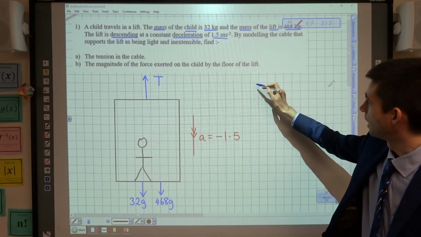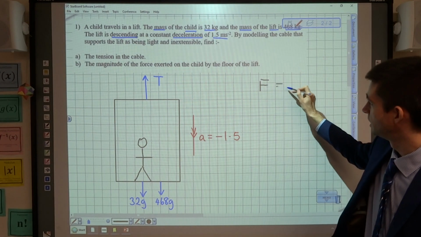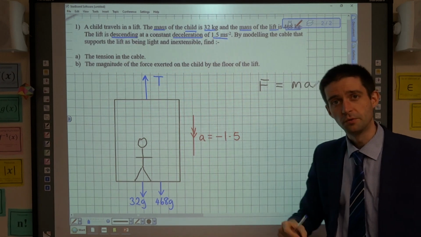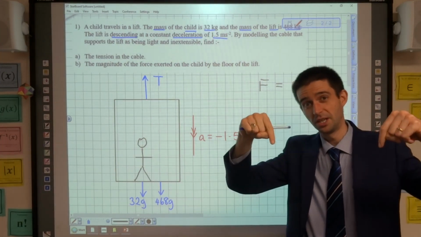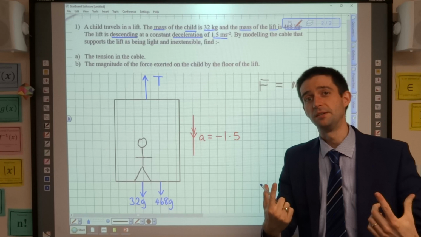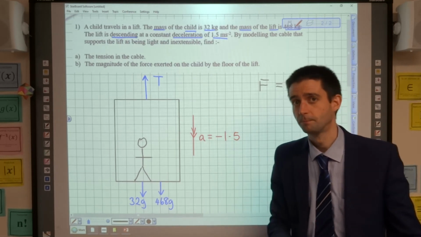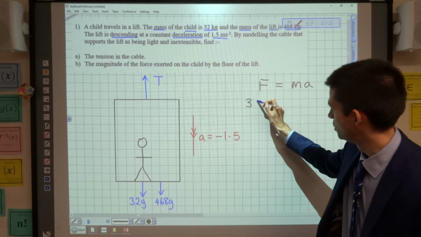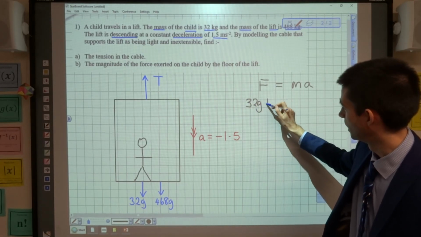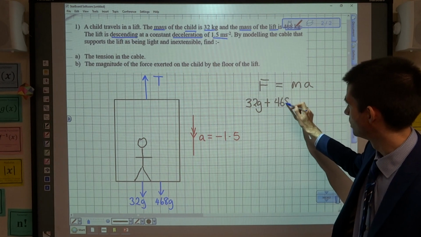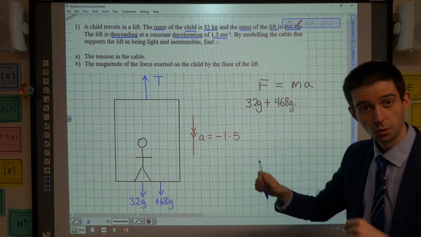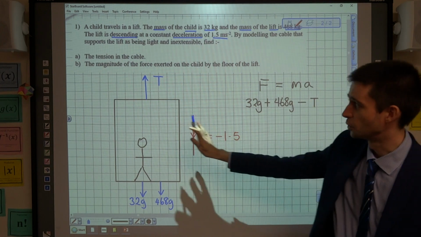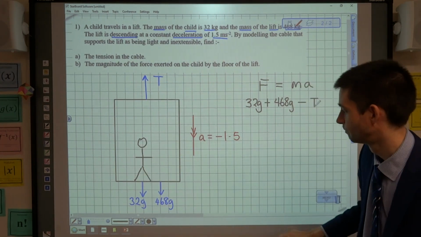Okay. So I'm going to say that my resultant force is equal to mass times acceleration, and my resultant force is any forces moving in the direction of motion minus any forces that are opposing the motion. So in the direction of motion, I have 32g, which is the weight of the girl, plus 468g, which is the weight of the lift, and that's being resisted by a tension force which is acting in the opposite direction.